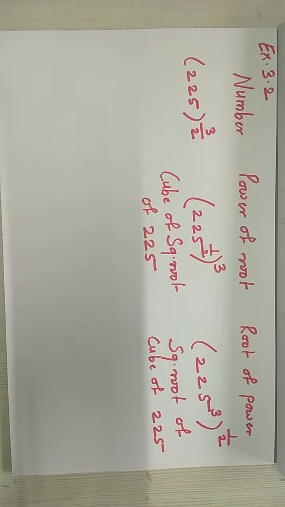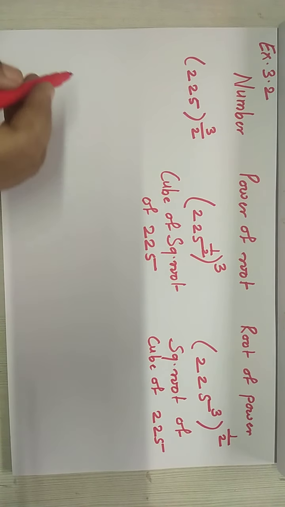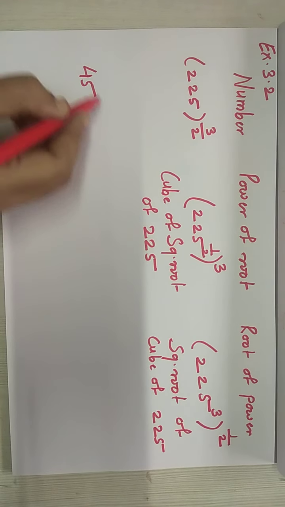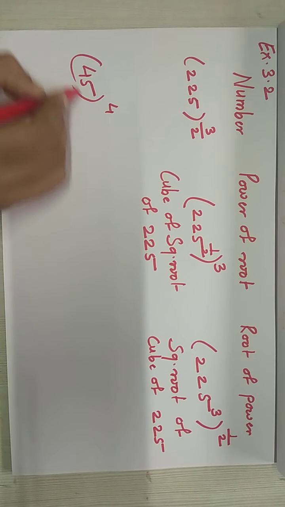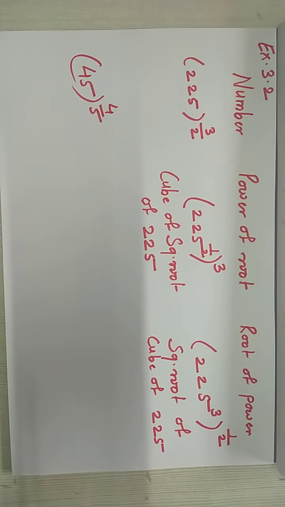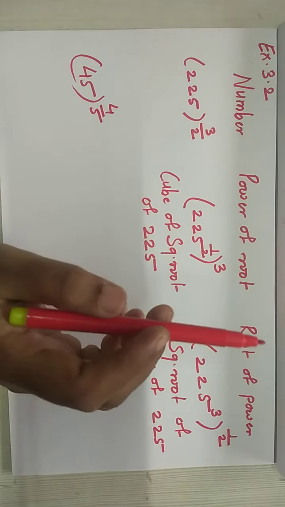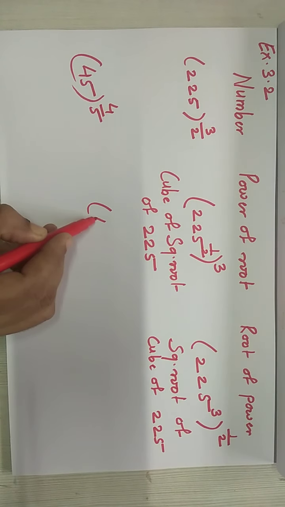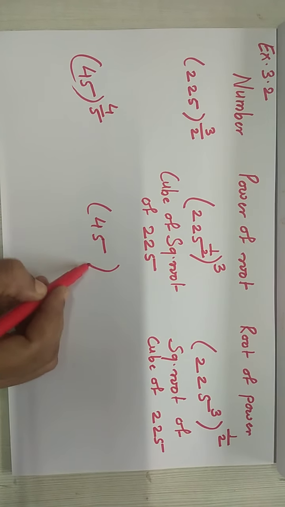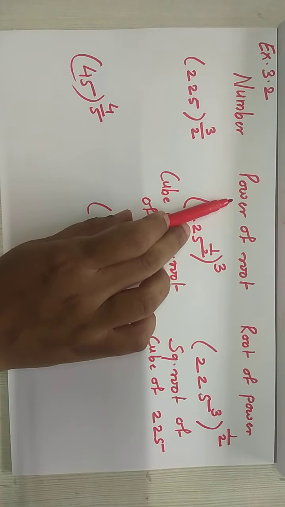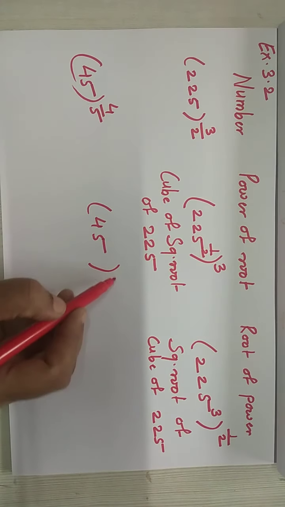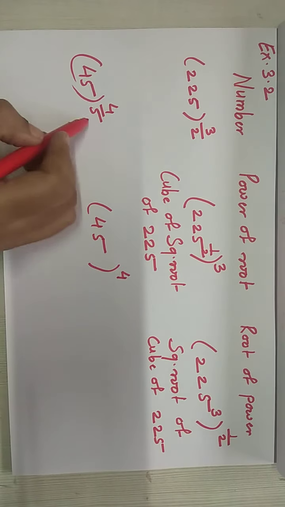Let's take one more example. 45 raised to 4 upon 5. Now in this column we'll be writing power of root. First you write down 45 and then think. They want the power outside, right? What is the power over here? 4. 4 will come outside and root 1 upon 5 will come inside.